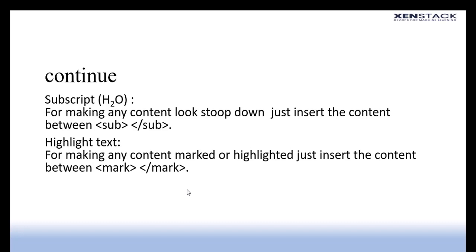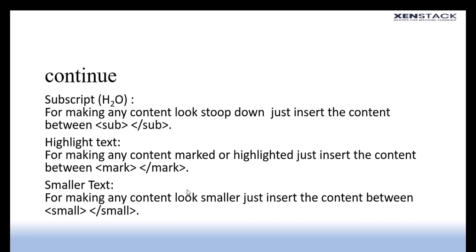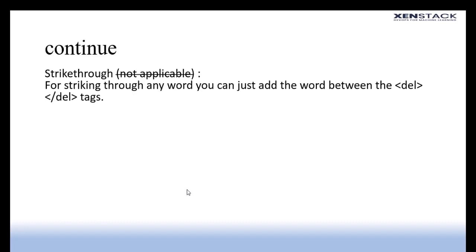Next is highlight text. When you want to highlight a particular text, you can use the tag called mark. Smaller text means when you want to make a text look smaller, you can use the small tag. Next is strike through.